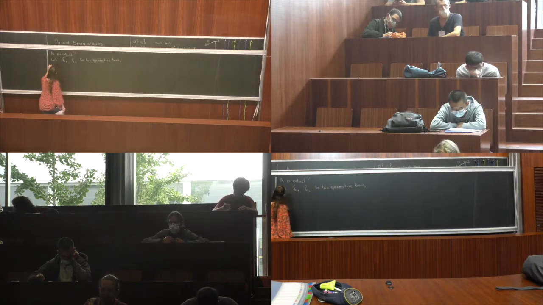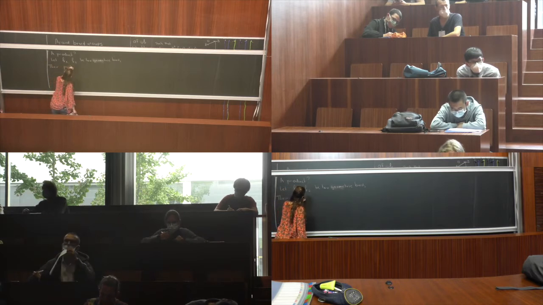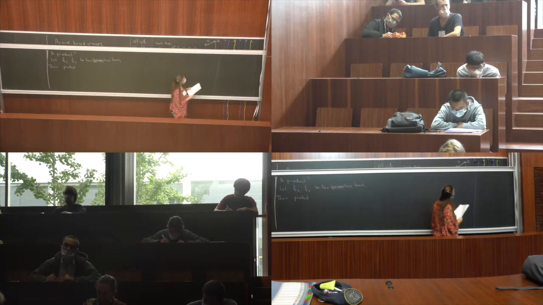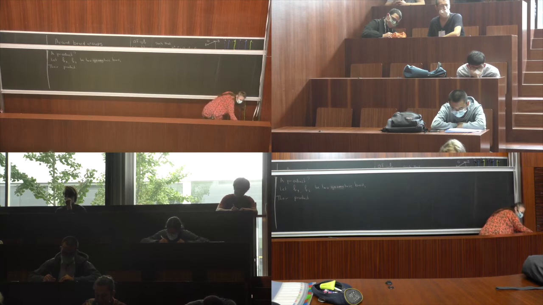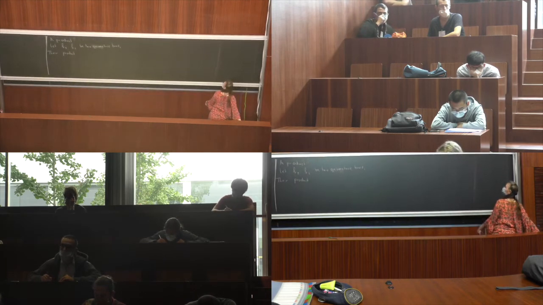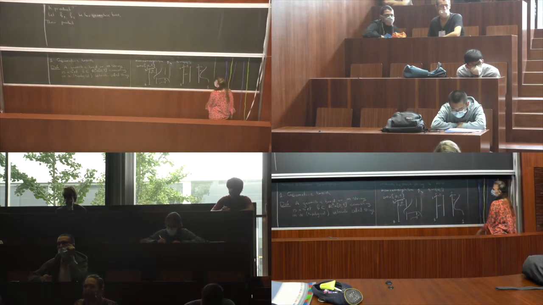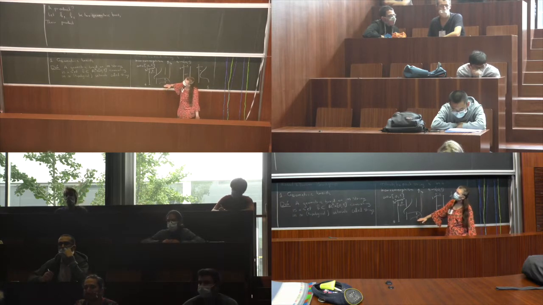So their product, I could define the product to be taking the braid between 0 and 1, let's say the one corresponding to B1, and then stacking underneath the braid between 0 and 1 for B2.